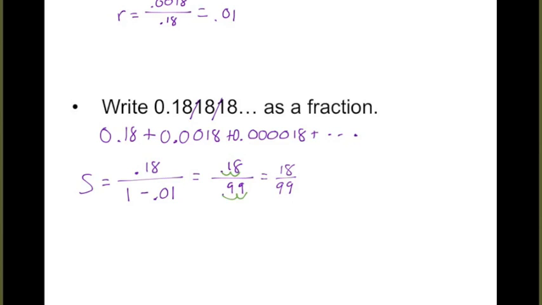If we reduce, those both reduce by 9 to leave 2 over 11. And if we would type 2 over 11 into a calculator, we would see that that's 0.18, 18, 18, 18 forever. So the reason why we can take every repeating decimal that could happen and turn it into a fraction is because of this idea of infinite series.